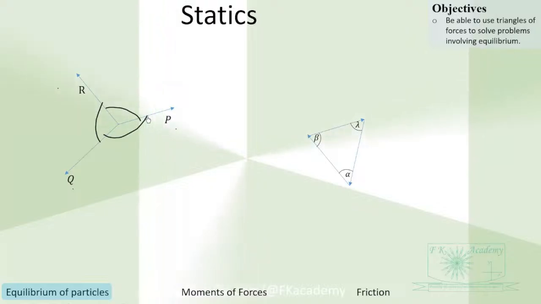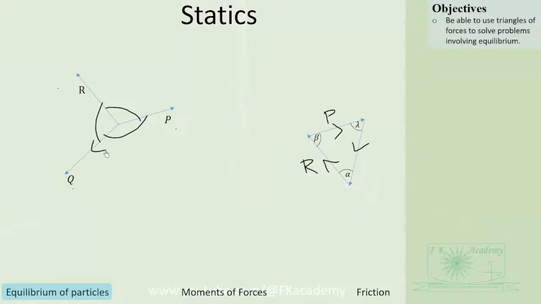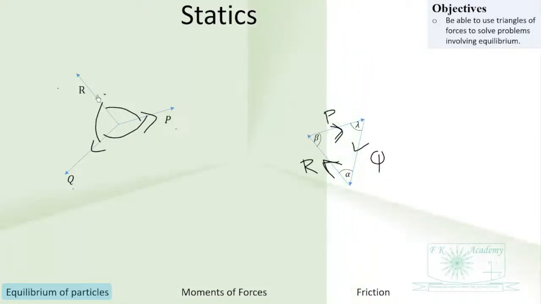Then, to find the missing values, let's say the angle between the forces, the acute angle between the forces, or the magnitude of the forces. So in this case, we can see the force moving like this is P, and the force moving like this one is R, and the one moving like this is Q.